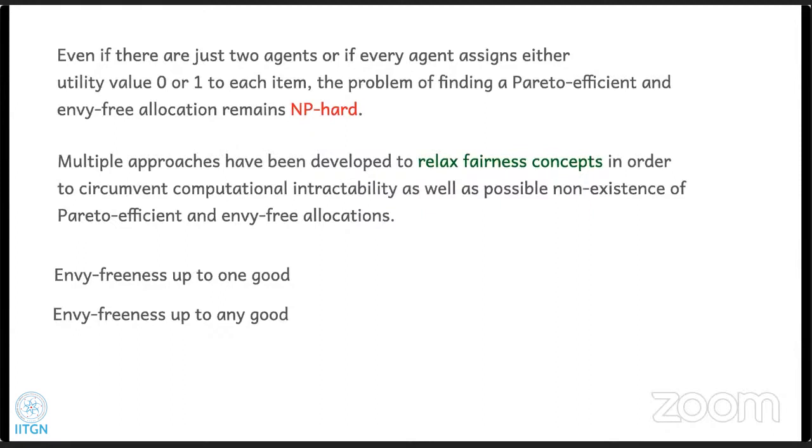But envy-freeness after any good means that no matter which good you set aside from the other person's bundle, you should still not experience envy. So even if you remove the item that you like the least, even then you should not experience envy. So I guess if you have an allocation which is EFX, it's EF1, but not necessarily the other way around.